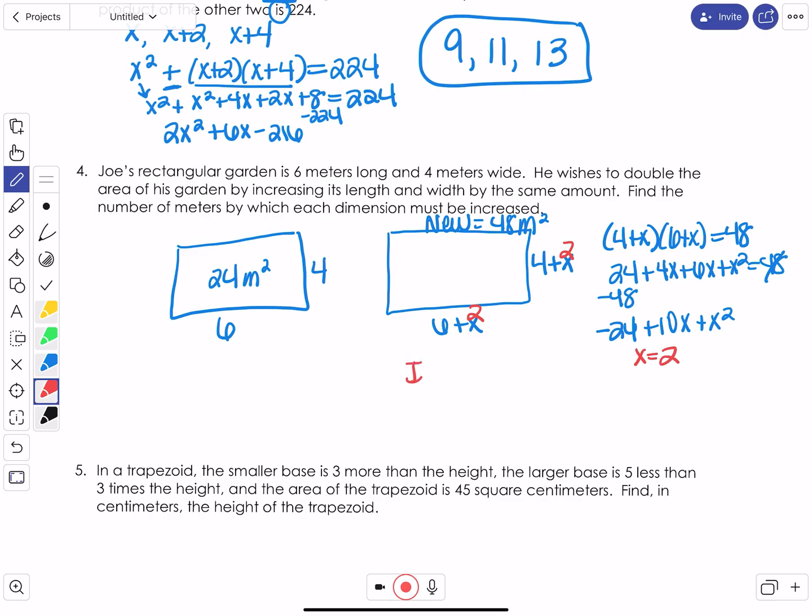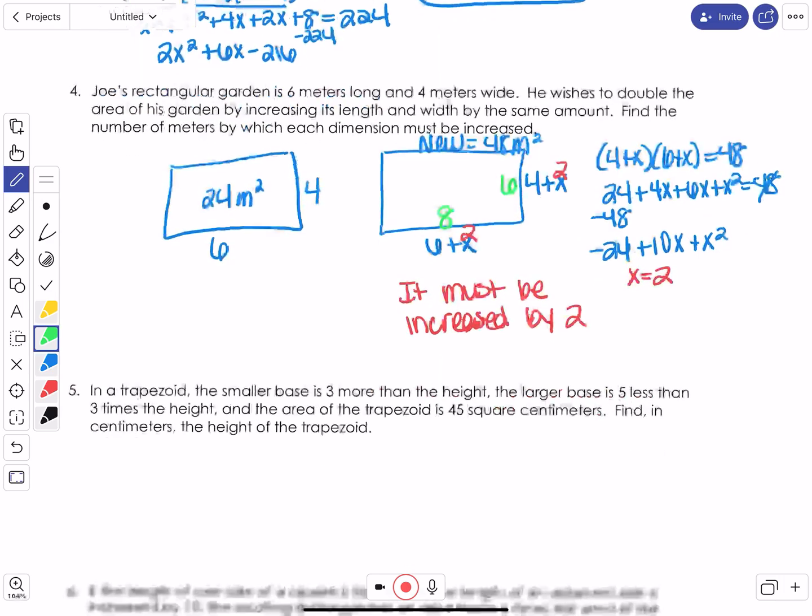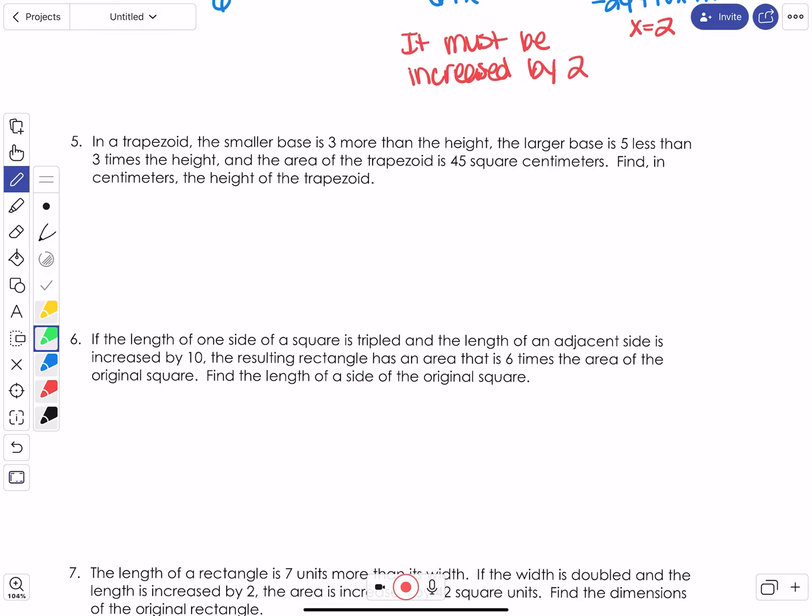It must be increased by 2. And our new dimensions would actually be 8 and 6, which makes sense because 6 times 8 is 48.